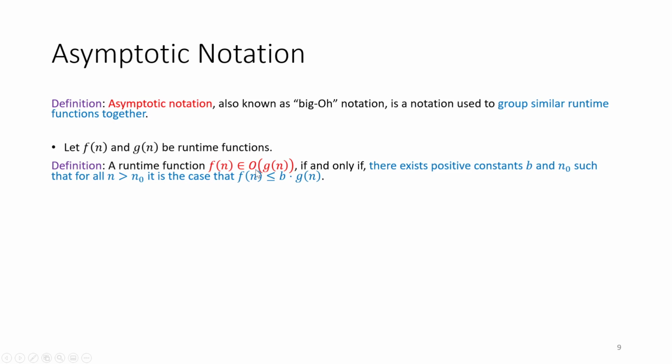So let's think, well, what functions f of n and g of n might be useful for us here? Well, on our previous slide we had a few candidate functions for f of n. I'm going to pick the first one, at least for my example here. Imagine f of n here is 4n plus 1. Then for g of n, we could pick one of the other functions, and it would actually be true if we tried to prove this. But usually inside our big O, we want to pick a simple function. 4n plus 1 is fairly simple, but it's not as simple as n alone, just 1n plus nothing, right?